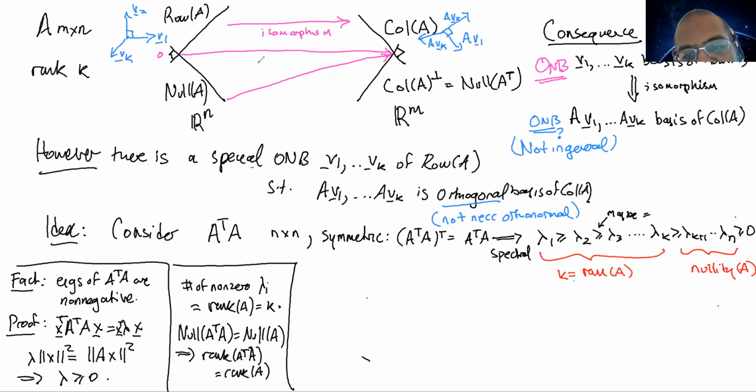Apply rank nullity. Let's look at the zero eigenspace and use this fact that the nullity of A transpose A is the same as the nullity of A. So this is a general fact about symmetric matrices, by the way, that the number of non-zero eigenvalues is equal to the rank. So maybe I'll just add this here since it's an important fact.